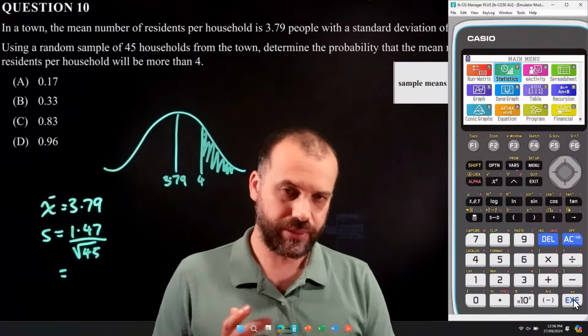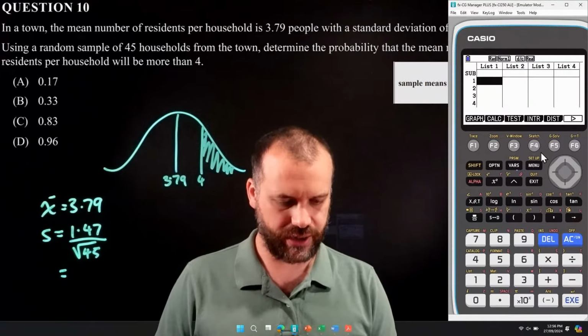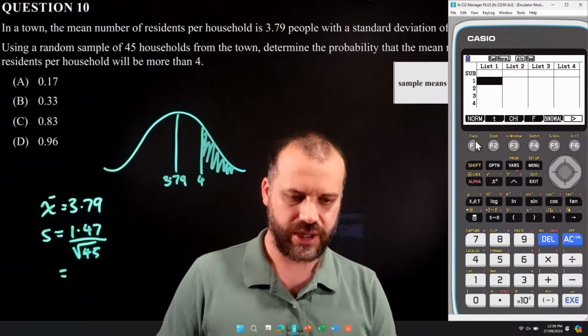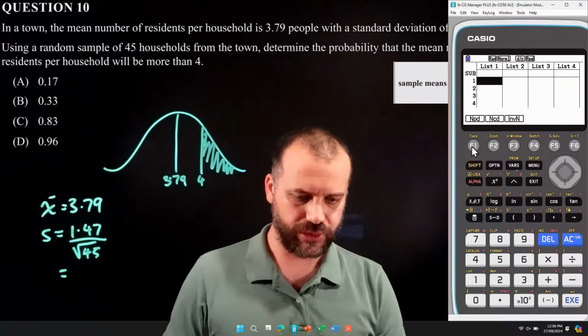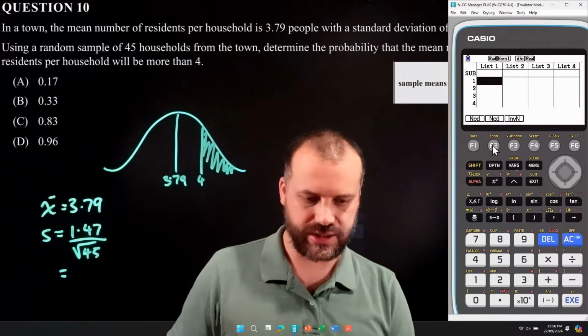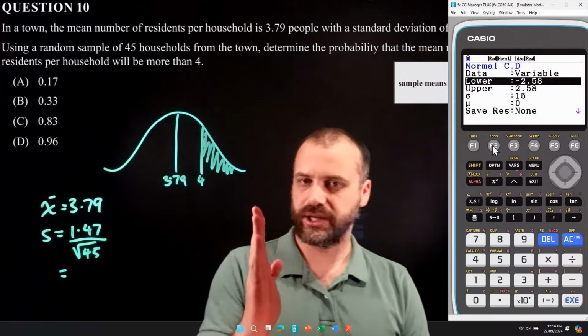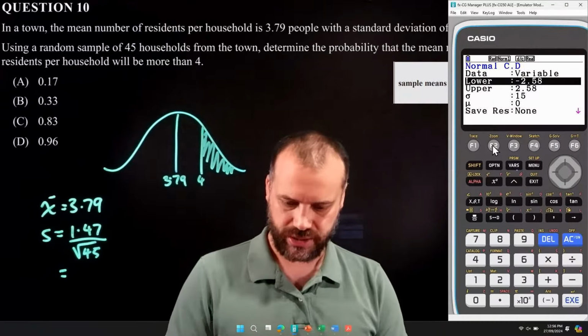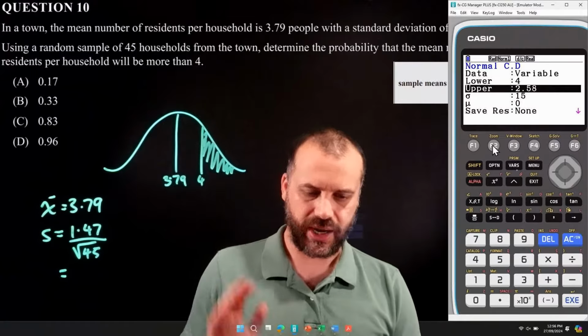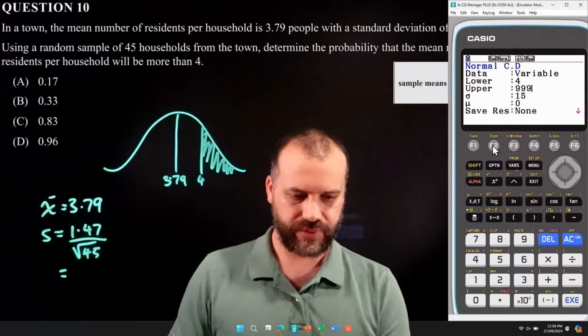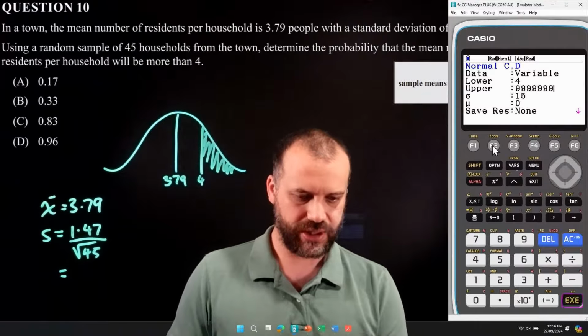Calculator. So I'm going into stats mode here, and I'm going into distributions. We're looking at a normal distribution and just an NCD. We're trying to calculate a probability. All right, so what's my lower value going to be? It's going to be 4. My upper value is going to be enormous. Let's just use a big number there.